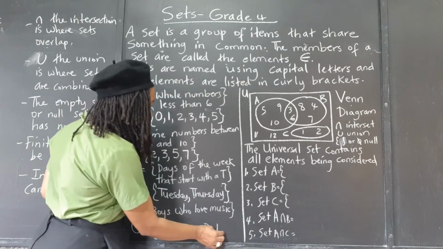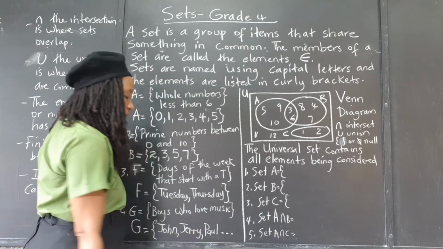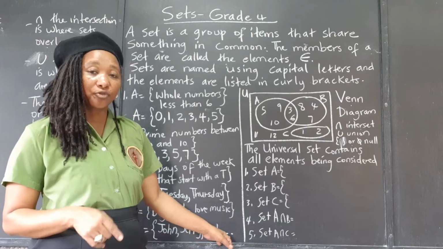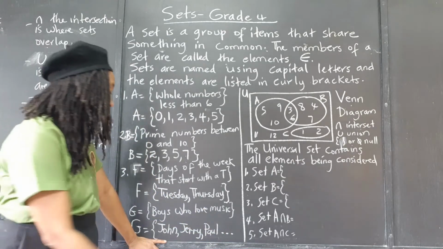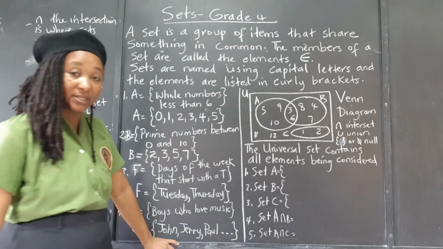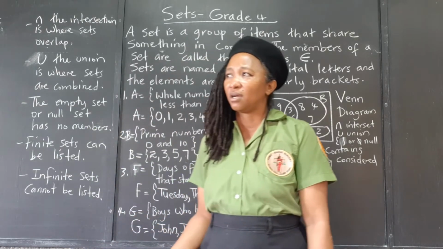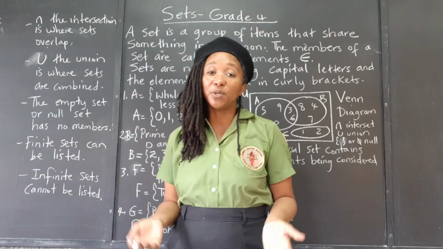But guess what? We have to put these ellipses, and what do these mean? These dots, these 3 dots mean this set continues. We can't possibly list all the boys in the world. We can't even list all the boys in our parish who love music.